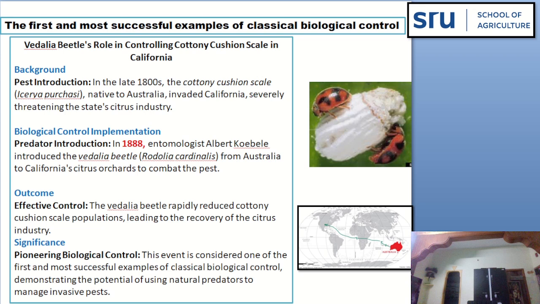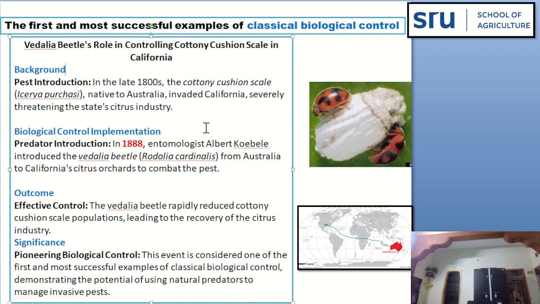This is the first and most successful example of classical biological control. You know, classical biological control is the intentional introduction of natural enemies from one area to another area where they are not present.